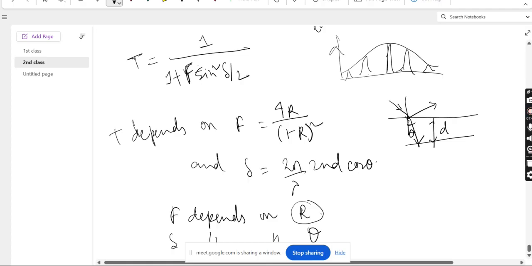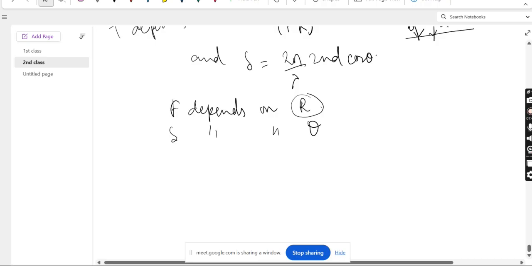And also there is a third factor: the source may not have equal intensity for all the wavelengths. We know that the heat of red light and violet light will not be the same. So that's the reason you get a bell curve.